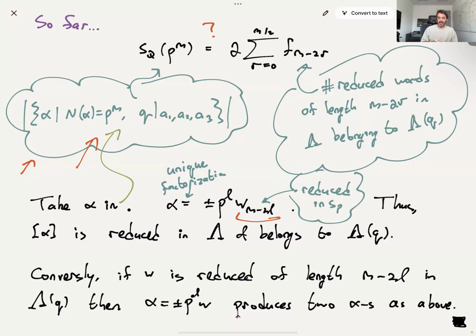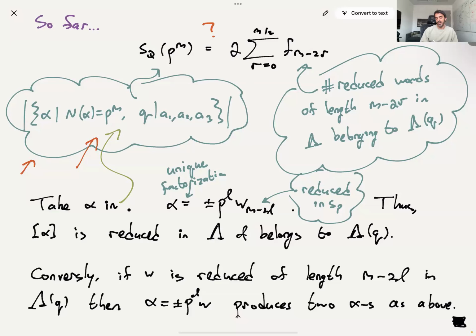And the length of that something, I mean, here you have a sum. So if you take an alpha here, a solution here, you'll get a contribution to the right-hand side, and in particular to the summand with index r, which is how many p's you have that divide alpha. Okay, and this is again reversible.